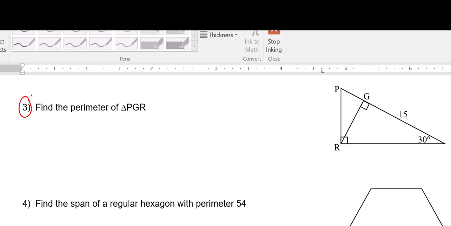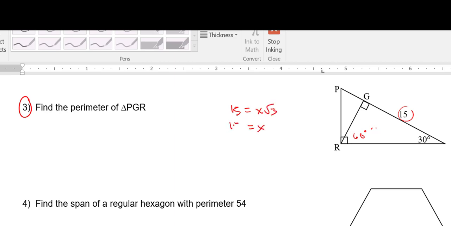And so I have a 30, 60, 90 triangle. I have a couple of them actually. I have the smaller one and I have the big one. And I'm given this side is 15. So that's the side that's opposite of the 60 degree angle. So that means that 15 is equal to my x root 3 side.